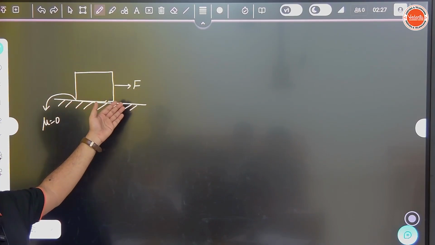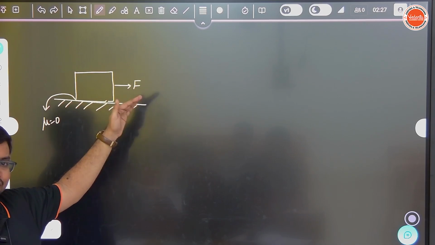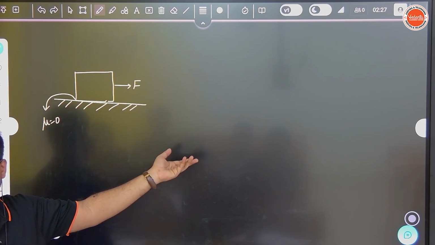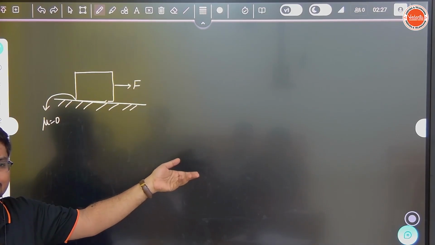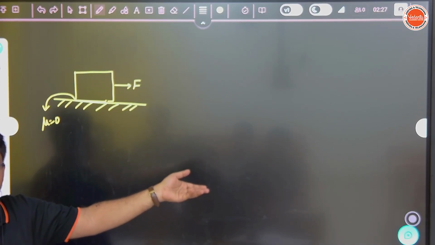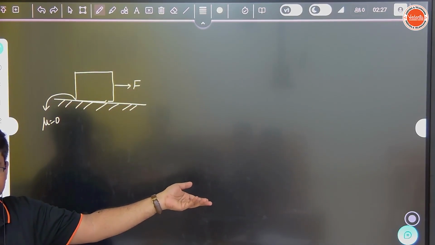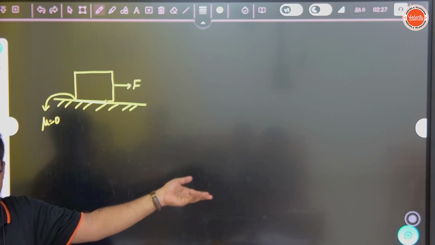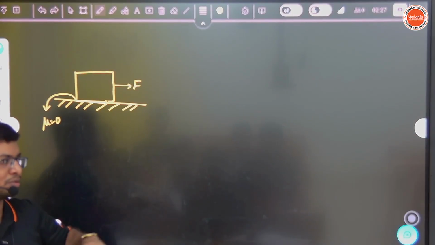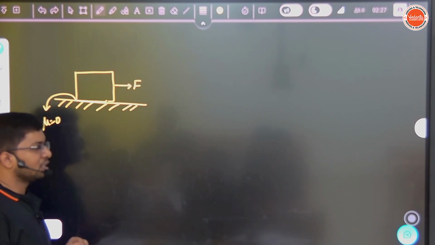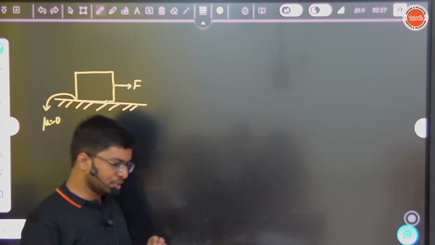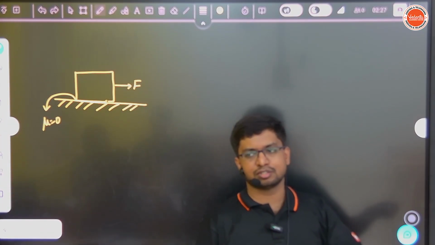If I am applying force, it is going to accelerate. If it is accelerating, that means its velocity will increase. If its velocity will increase, then what about its kinetic energy? Increases. Understood the point? Which means work done is actually a method of transferring mechanical energy to the body.